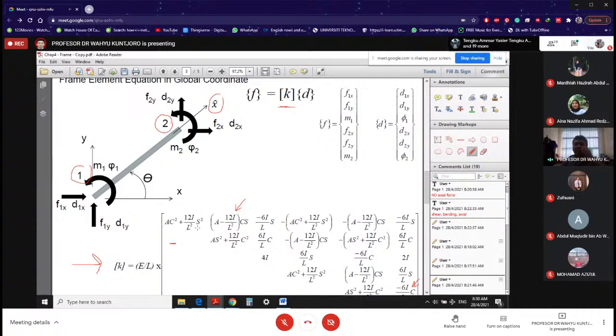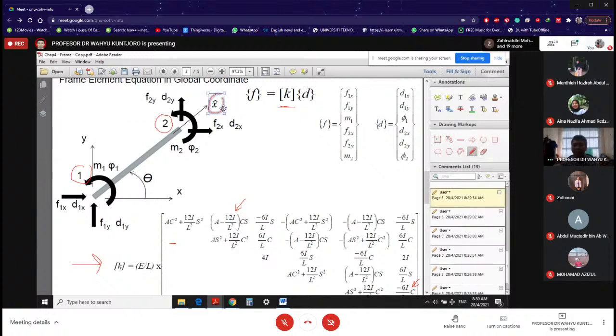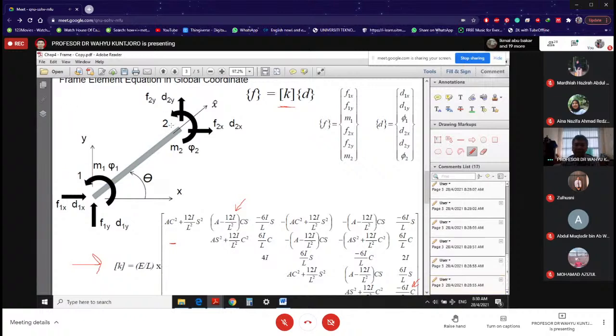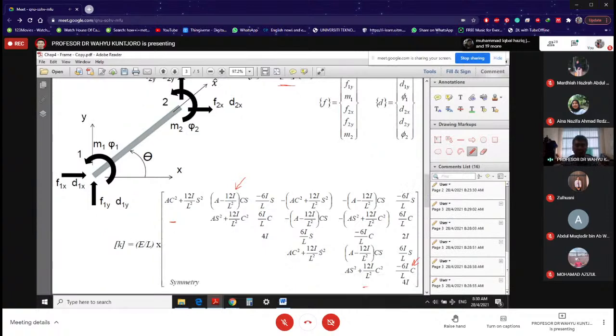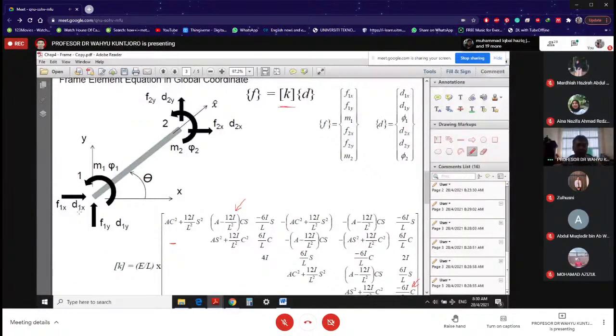Okay. So now, what about if I don't want this positive direction as such? So now you feel that, okay, I want it to be in this direction. So that would be my X local, sorry, it is now from 2 to 1. Please observe the red color.